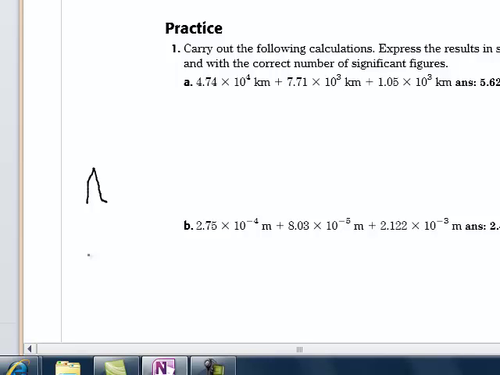So I can only have 2 digits past the decimal. If I had 4 times 10 to the fourth plus 7.71 and so on, then I would only have my answer as 6 times 10 to the fourth. So I'm limited by that addition rule.